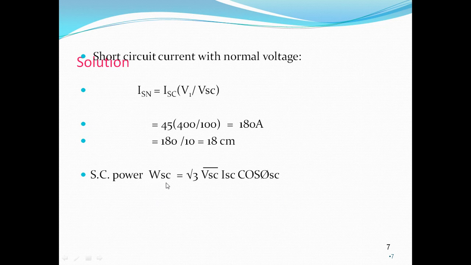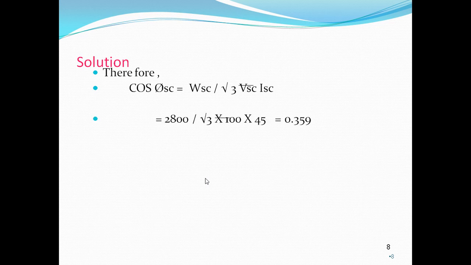So WSC is equal to root 3 VSC ISC cos phi SC. Therefore, cos phi SC is equal to WSC by root 3 VSC ISC.